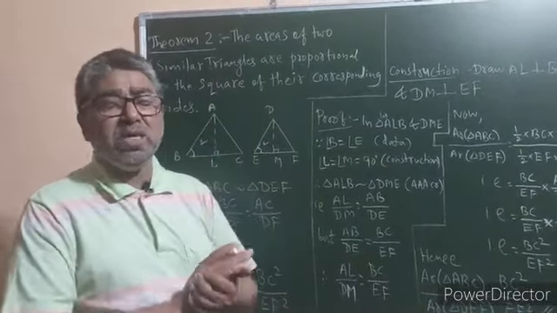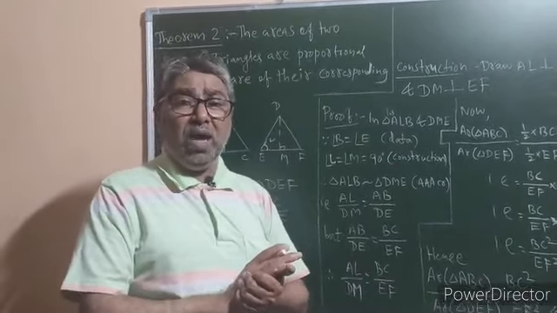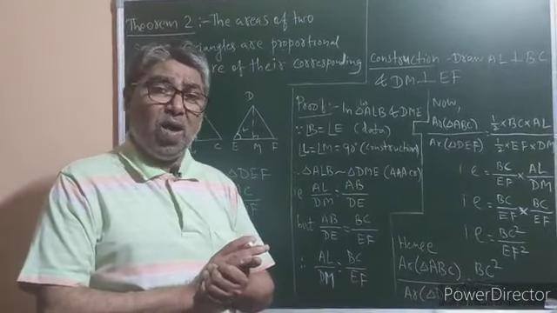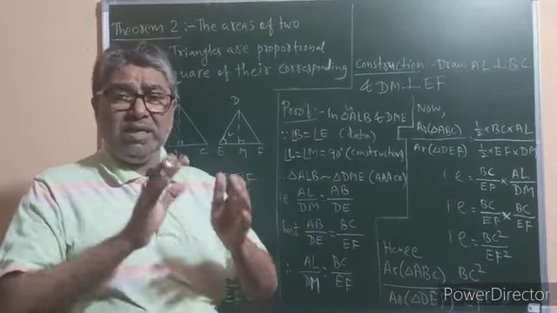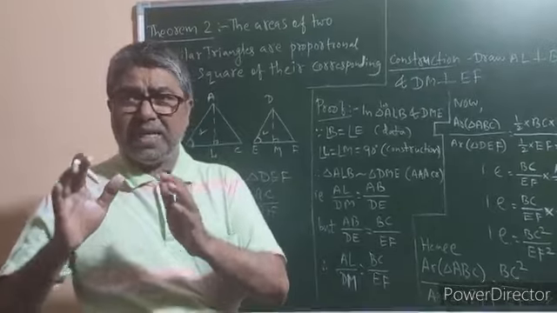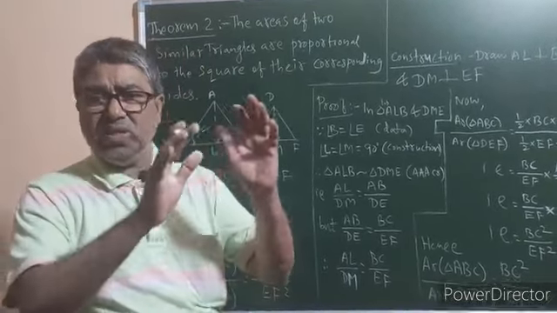Now let us make use of the formula to find the area of a triangle. The formula is area equals half base into height, that is 1 upon 2 into base into height.